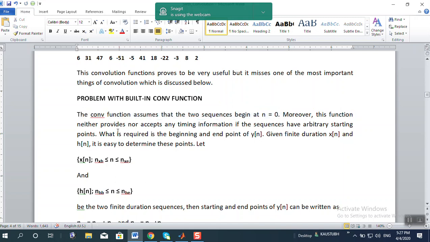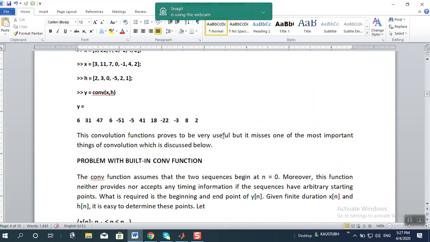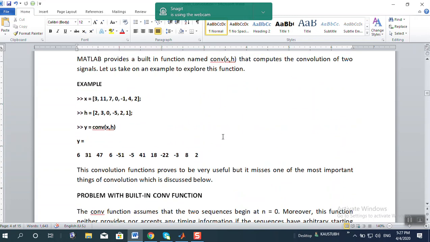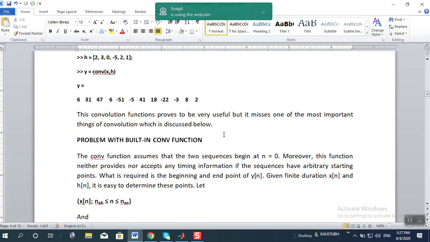Moreover, this function neither provides nor accepts any timing information. Practical signals may have an arbitrary starting point, at some negative index, some positive index, or maybe 0, but this function does not provide or accept any timing information.